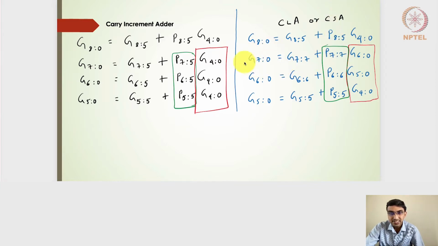G7:0 and G6:0 have to wait for the previous carry out. So the moment G4:0 is made available, there's an increment here, the OR gate or the plus sign, which represents an OR gate. The moment G4:0 is generated, it gets incremented to G5:0, G6:0, G7:0, and G8:0 simultaneously. So that's the difference between the carry increment adder and the previous adders.